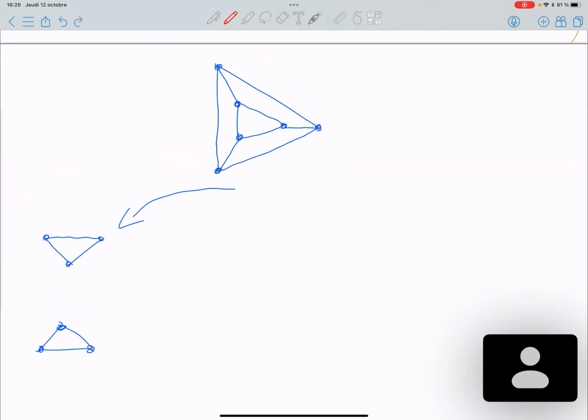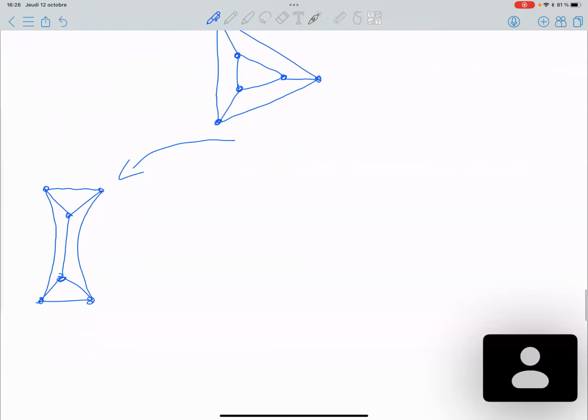And this edge corresponds to the edge here. And in fact, we will draw the edge, we will put some curve. You will understand, to follow the picture of the tensor category.